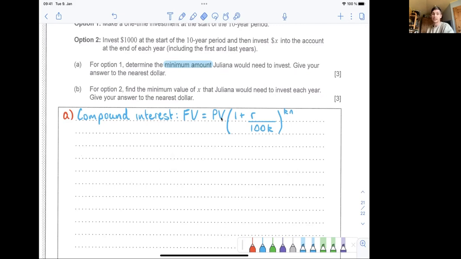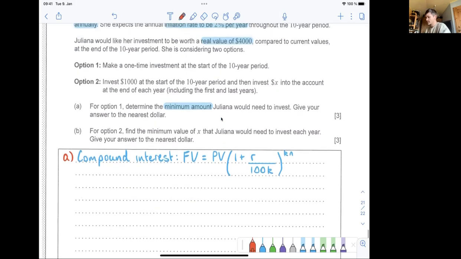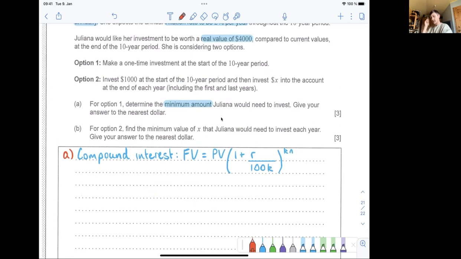Okay, so for this question, the tricky part comes into play when we have this idea of the real value of 4,000. Essentially what that means is we're going to have to adjust this future value for inflation, for this 2% inflation.